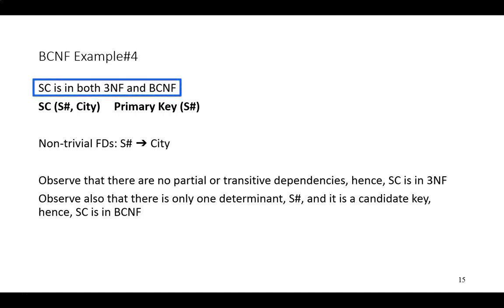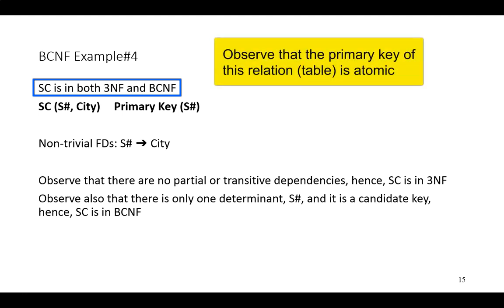SC qualifies as both third normal form and Boyce-Codd normal form. SC consists of the attributes S number and city. The primary key is S number. There's a functional dependency where S number determines city.